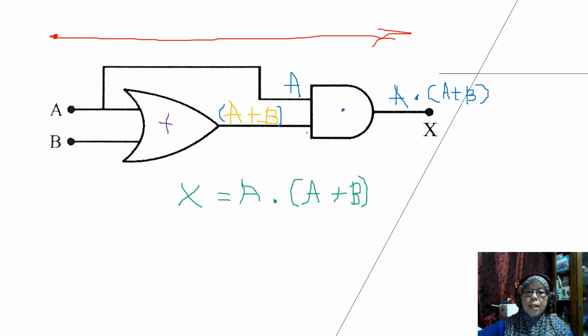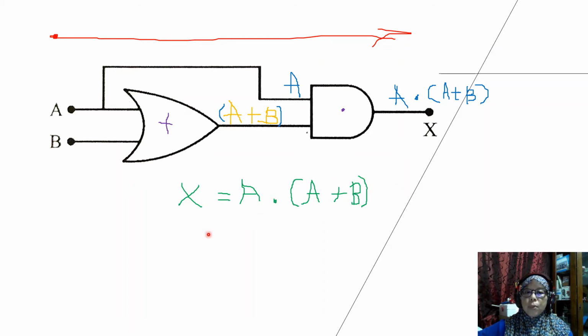For this AND gate, two inputs involved, which is the first input is A and the second one is yang ni tadi A or B dan dihubungkan dengan AND, jadi kita tulis sebagai A and A or B. Dan bila kita tuliskan final expression, always remember to write down the output terlebih dahulu. So here we have the output is X, so X is equals to A and A or B.